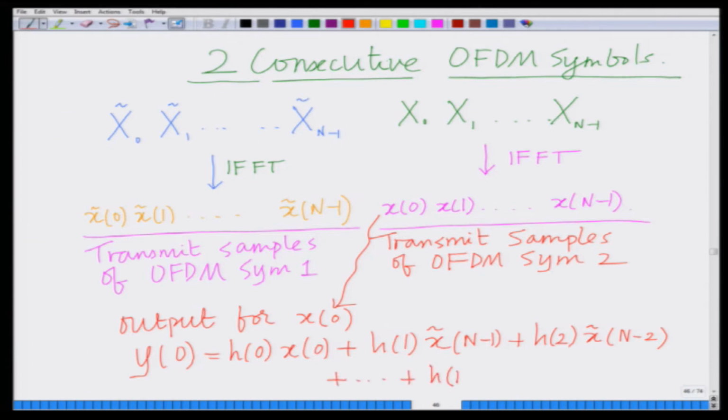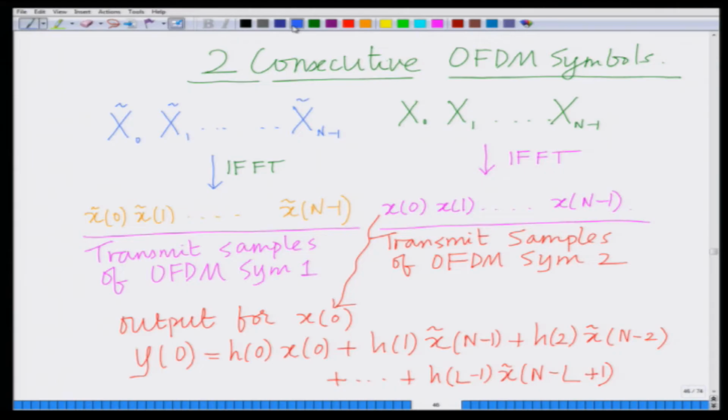I have h of L minus 1 times x tilde of n minus L plus 1, and here at this point you can see I have a problem because I have interblock interference.